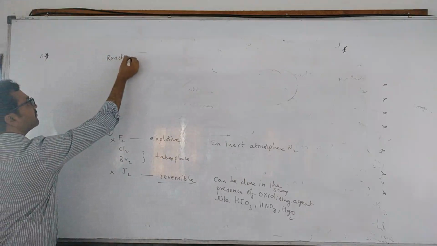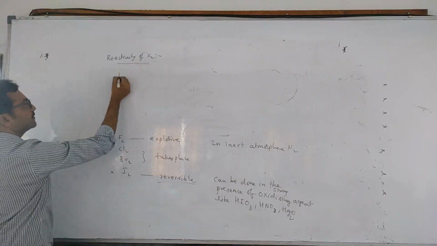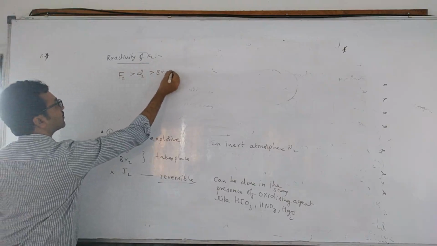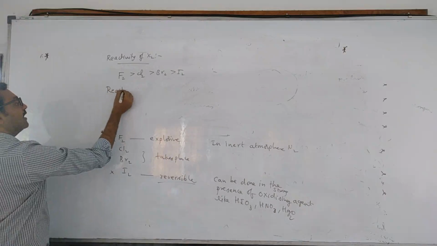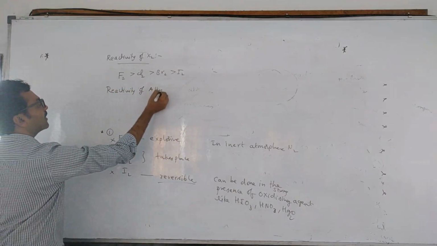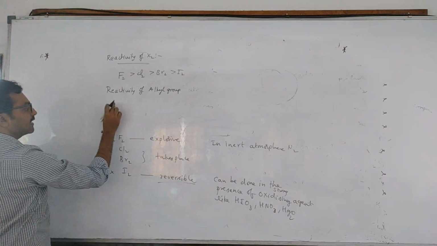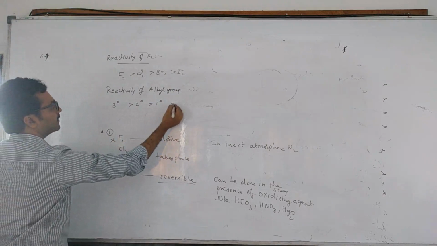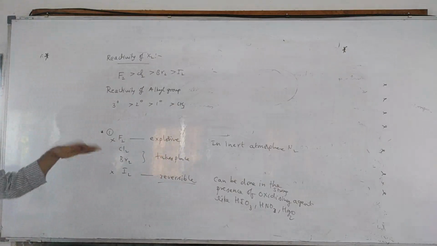For the reaction, no doubt, the order is F2, Cl2, Br2, I2. Next, reactivity of alkyl group. Reactivity of alkyl group means which group can be replaced first? Tertiary alkyl group, then secondary, then primary, then methyl. Means the tertiary alkyl group will be replaced immediately.